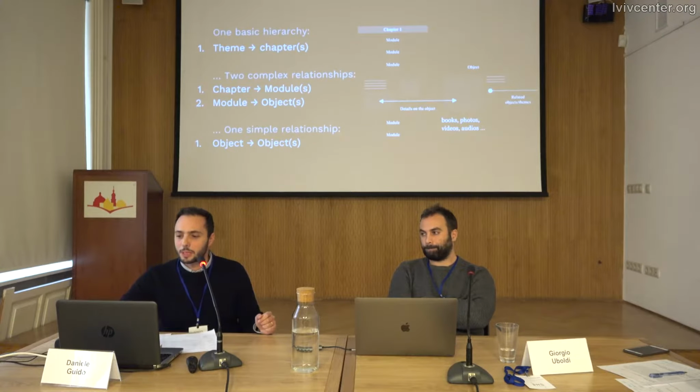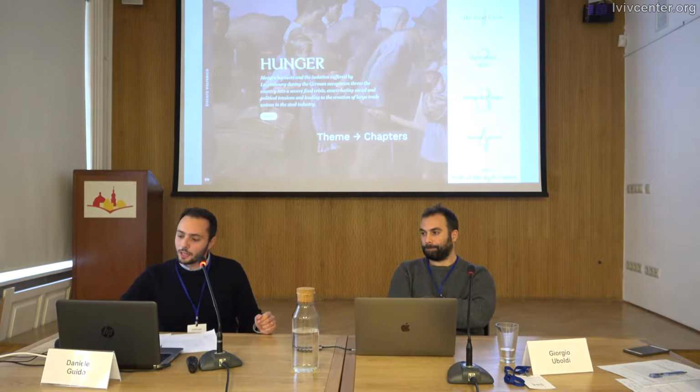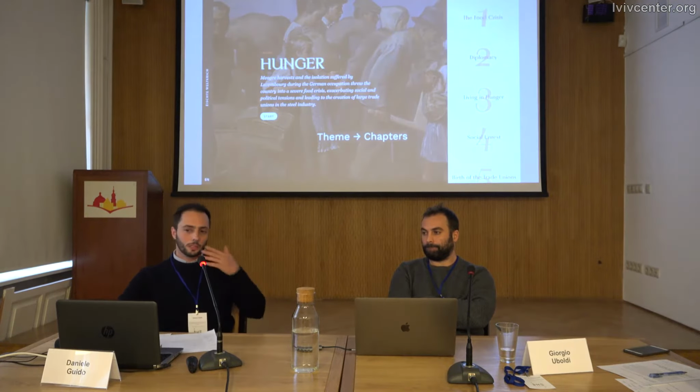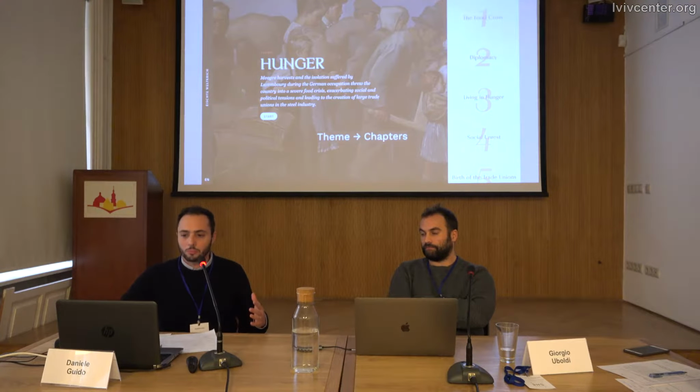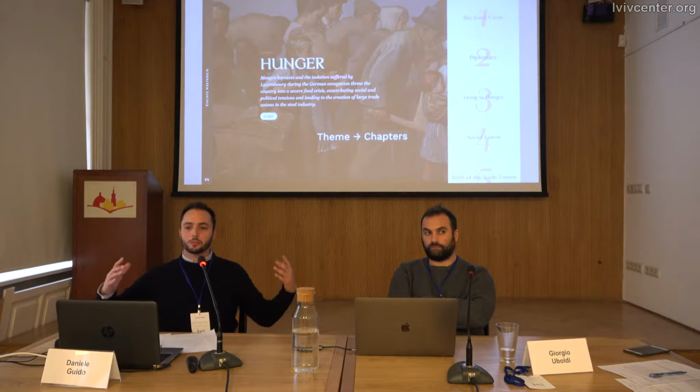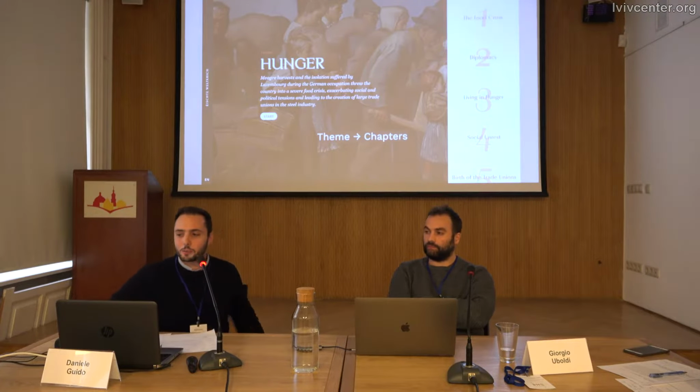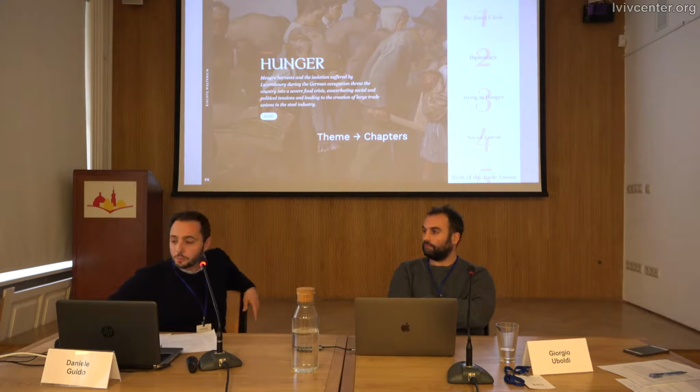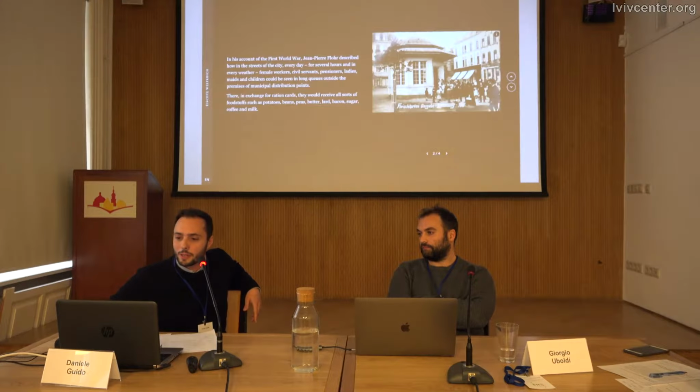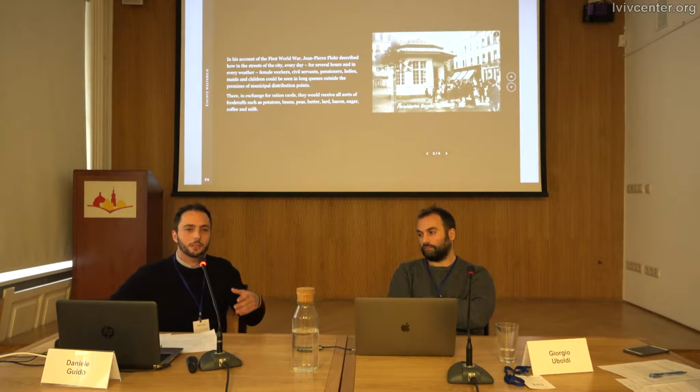She wanted to show different documents, or not only a gallery, but show the map of this specific subset of historical documents. So this is how the themes look on the website. Basically, hunger is just a title and a description, and then you have all the different chapters that go deeply into the theme. And this is a very basic example of a module where you have the text on the left side, and on the right side they put this gallery.